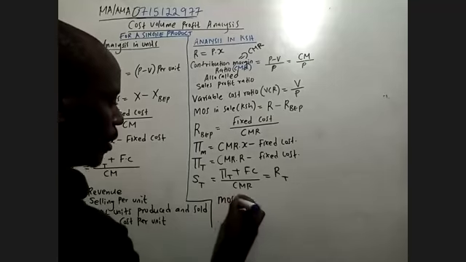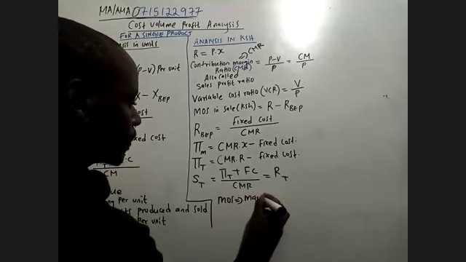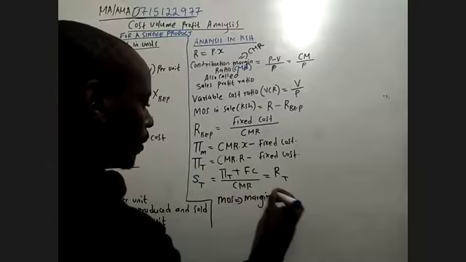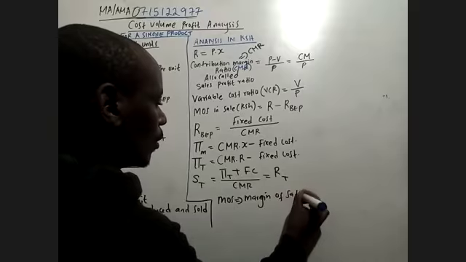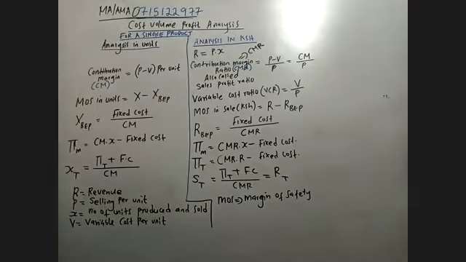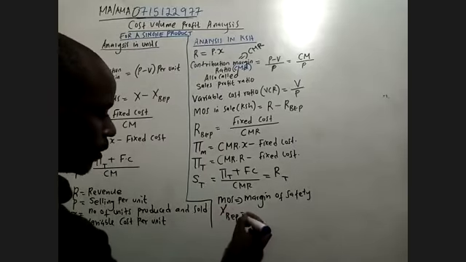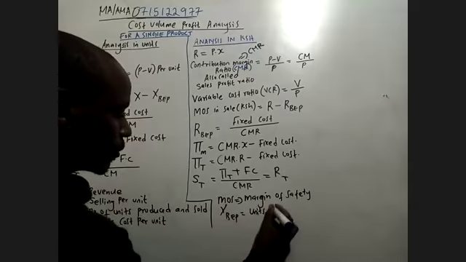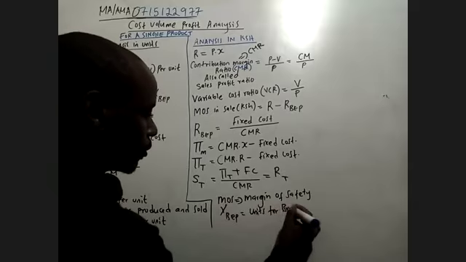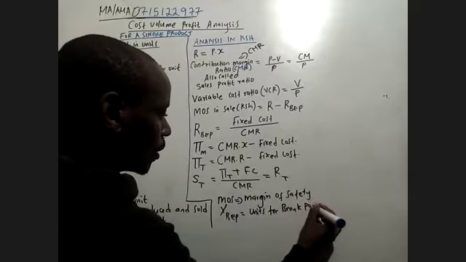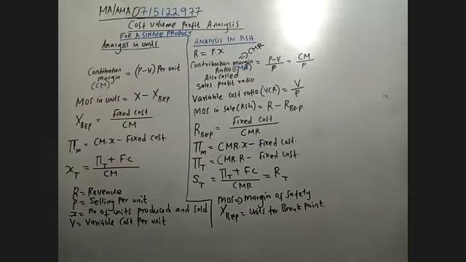MOS, margin of safety. X BEP, the units for breakeven point.